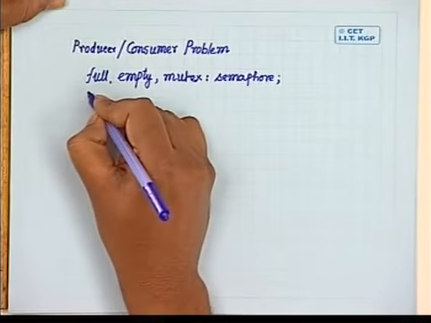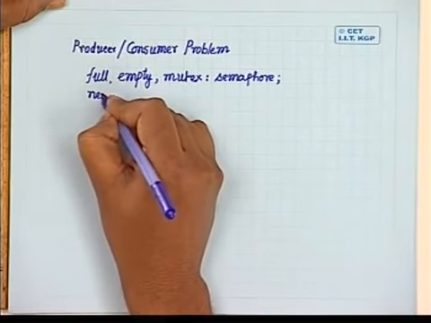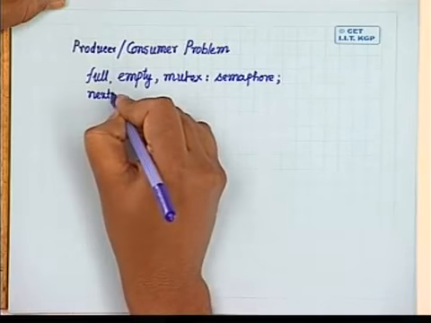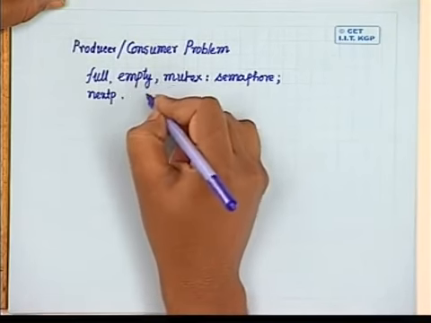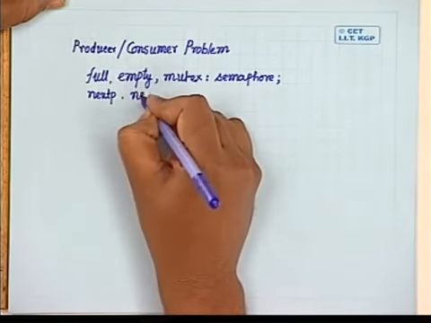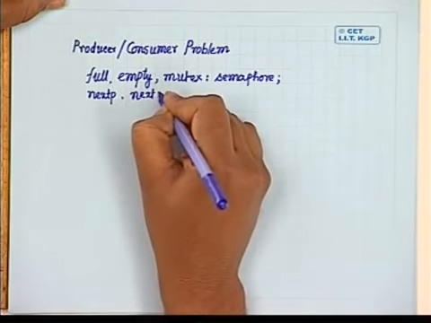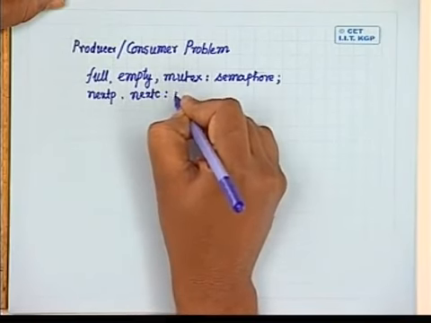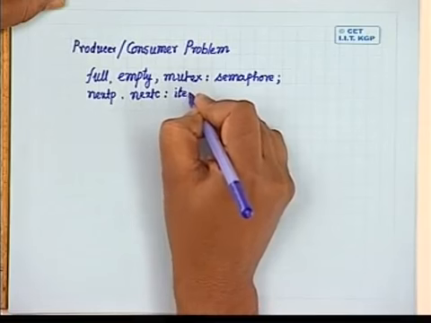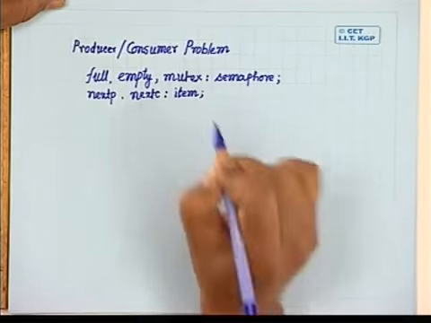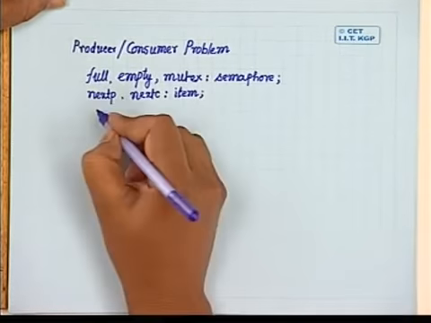And as before, we have two other variables. One is nextp, the other one is nextc, and they are of type item. Okay.